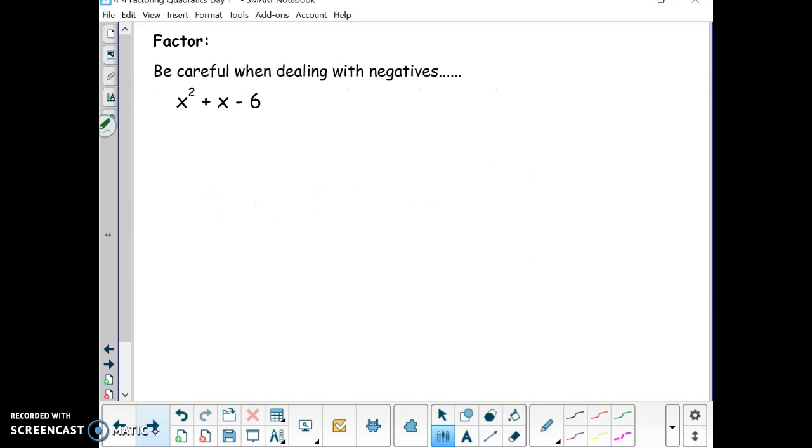All right, so now we've got some negatives. But it's still 1x squared, so it still goes x and x. What's different here is now we need 2 things to multiply to -6. If these 2 numbers are going to multiply to -6, we need one number that's negative and one that's positive. So when we list 1 and 6, it could be -1 and +6, or +1 and -6.